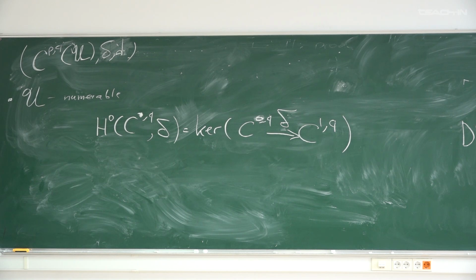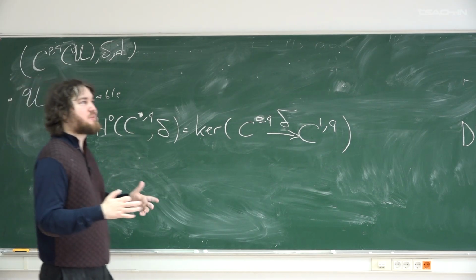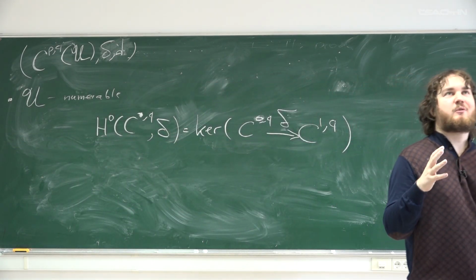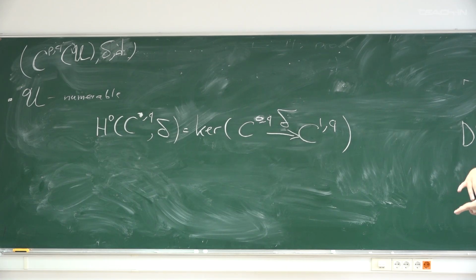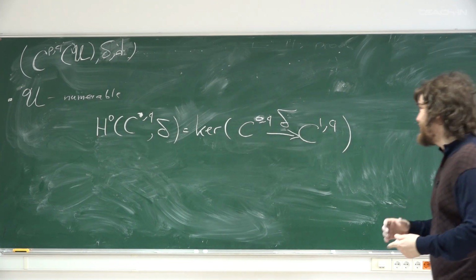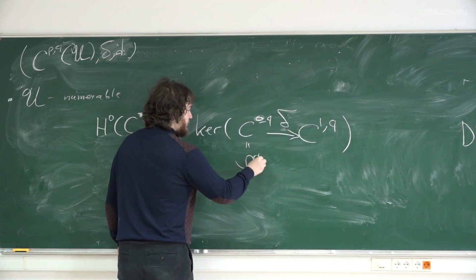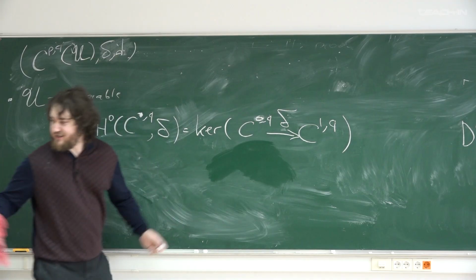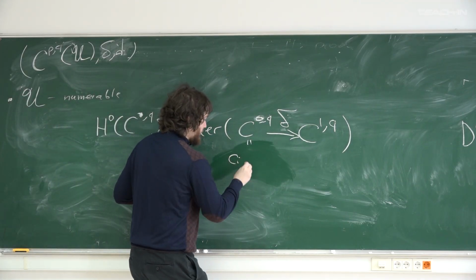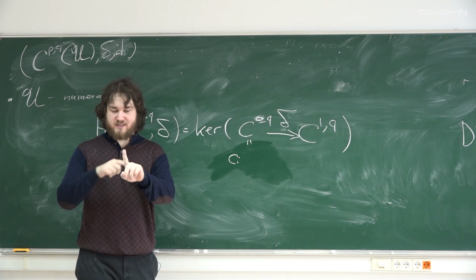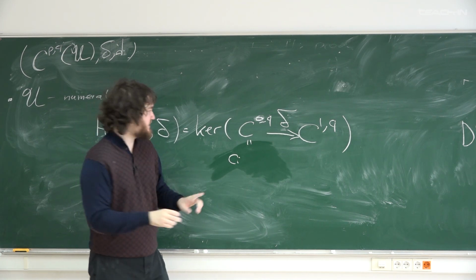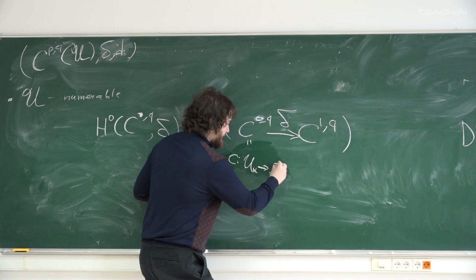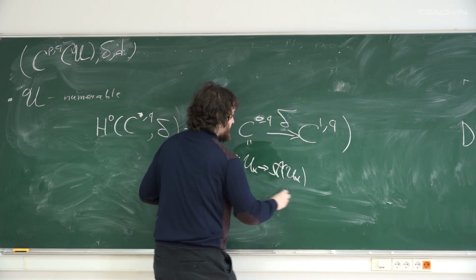Maybe I didn't say what C^0 Q is. C^0 Q is differential forms defined on the intersection of zero number of sets. The intersection of zero number is the whole M. So by definition it's functions from zero simplices, which are just the open sets of my cover, to differential forms on this subset.